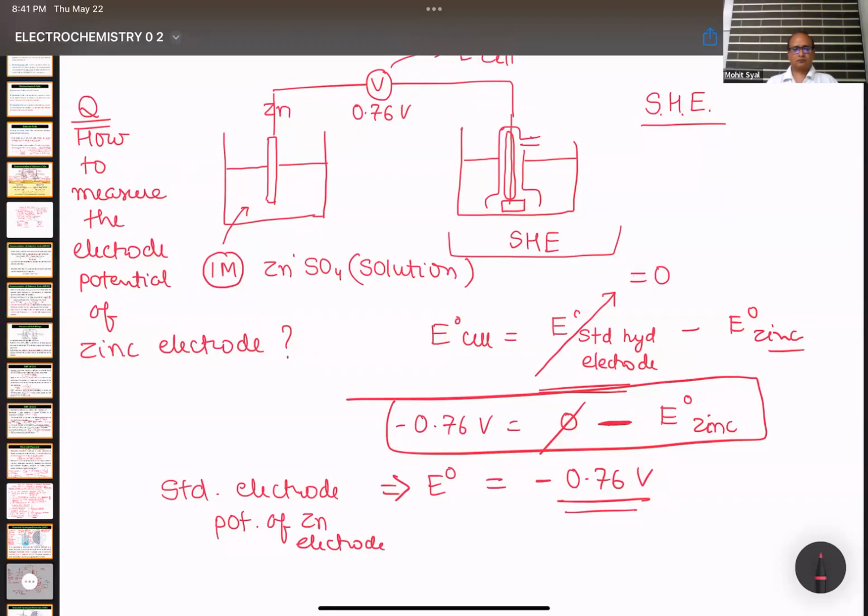So we use platinum wire. Yeah, exactly. We use platinum wire, sealed platinum wire. We dip it in 1 molar HCl solution.